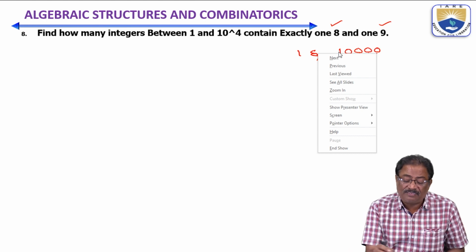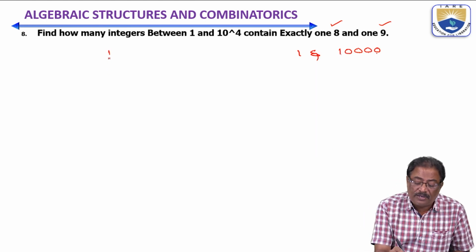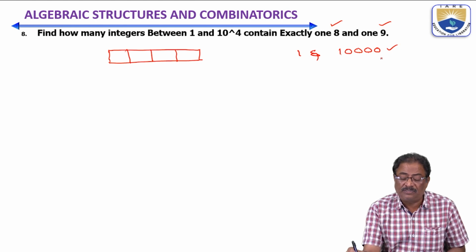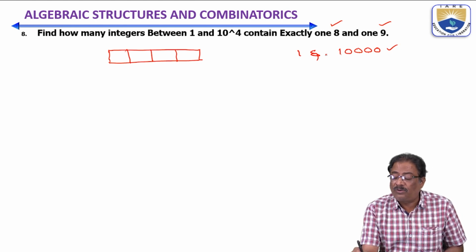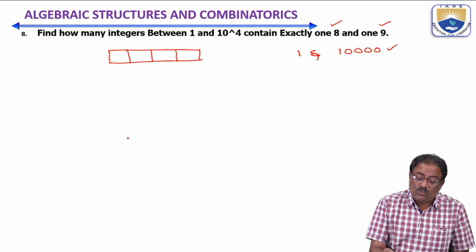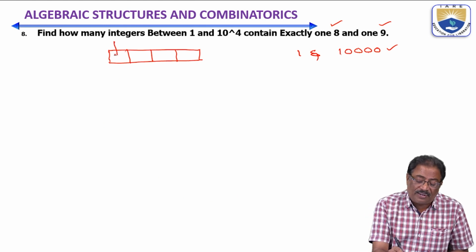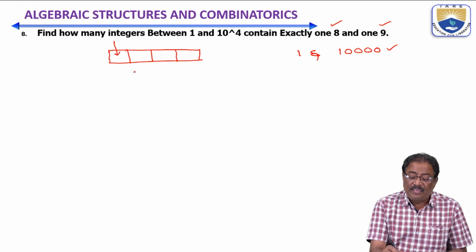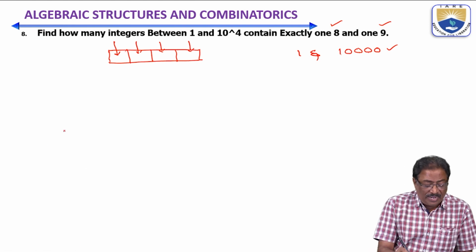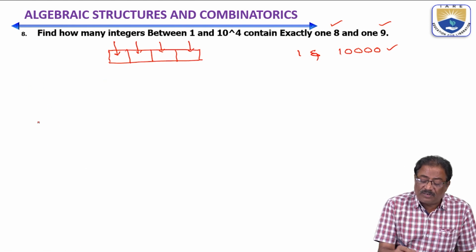So lesser than this, it occupies only 4 digits, or 4 positions will be there. 1, 2, 3, 4 positions. This is 5 positions, and between 1 to 5 positions, we are having only 4 positions. So now, to place 8, let us say, to place 8 in these 4 positions, any one position you can select, in how many ways can we arrange.